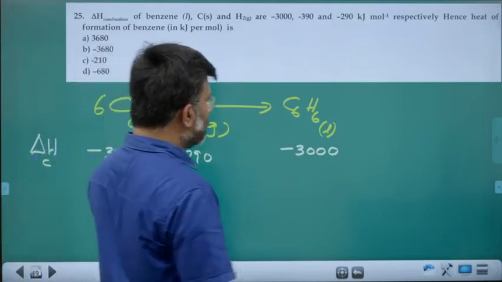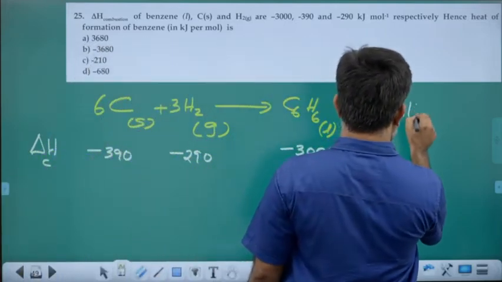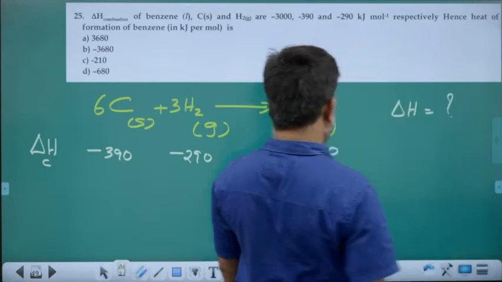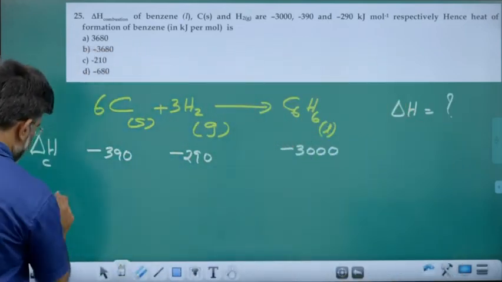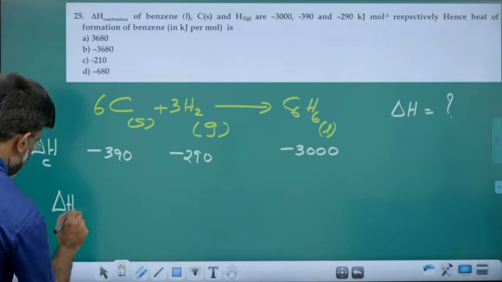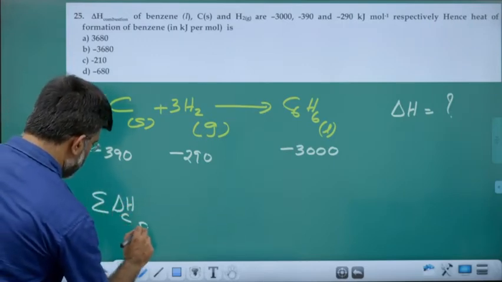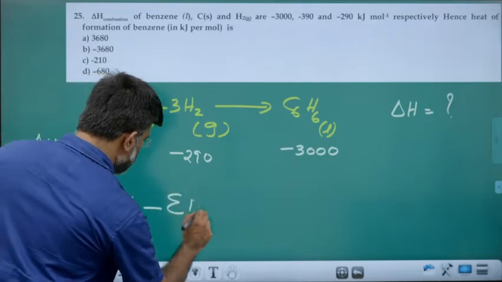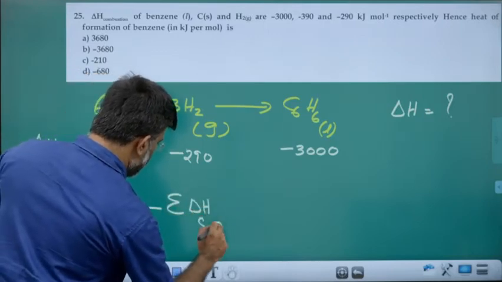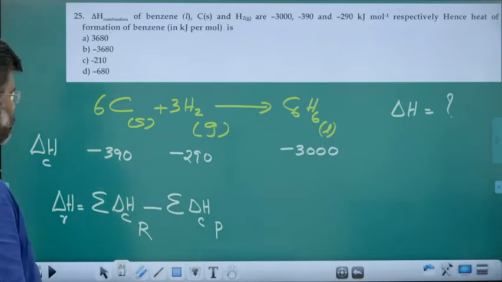The point is, what is delta H? Simple. Delta H reaction is equal to sum of enthalpy of combustion of reactants minus sum of enthalpy of combustion of products.